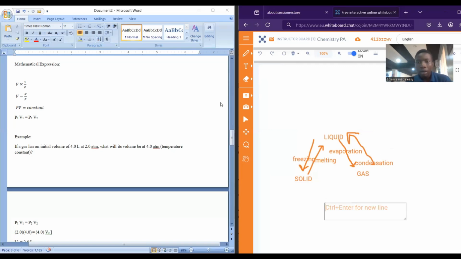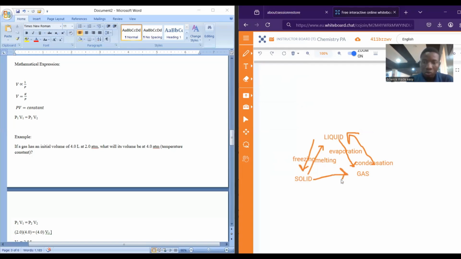And our solid to gas is sublimation. So this is what we call the change of state.